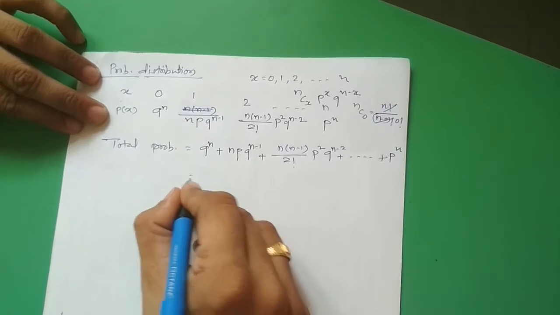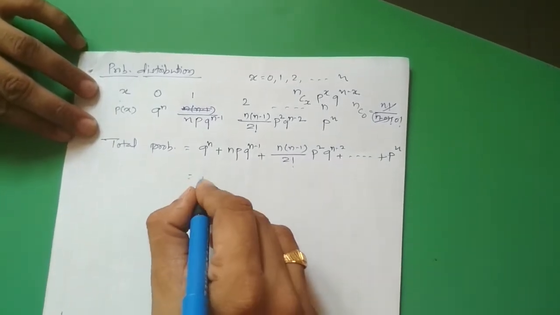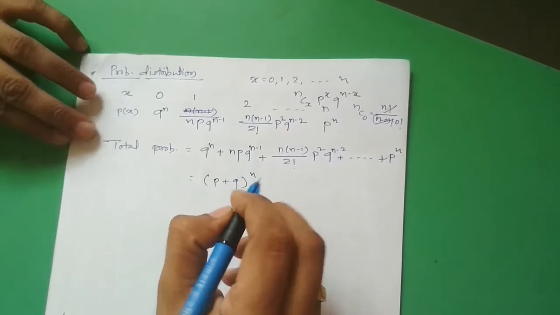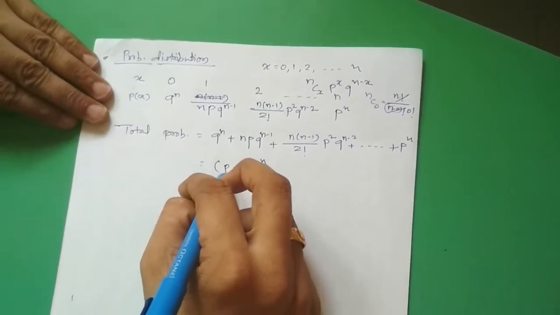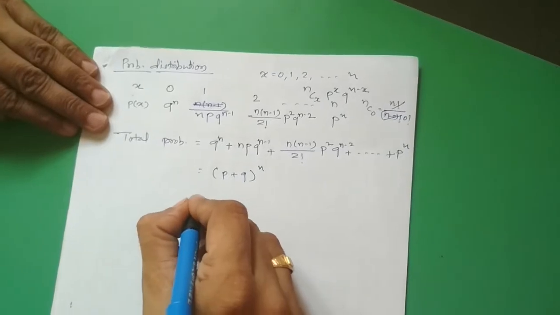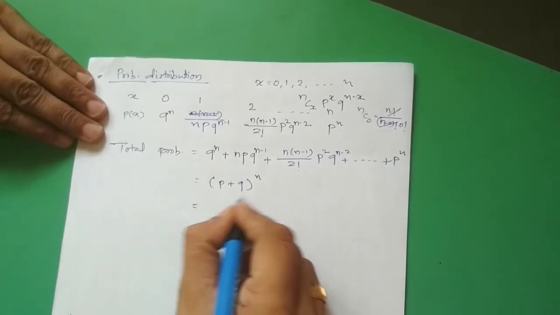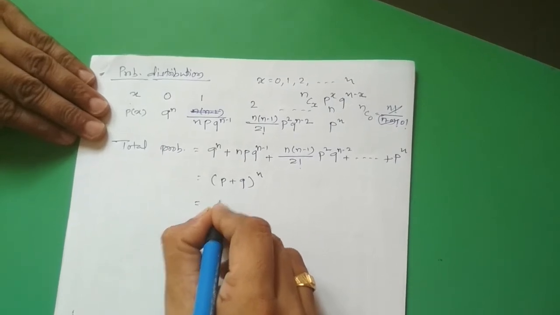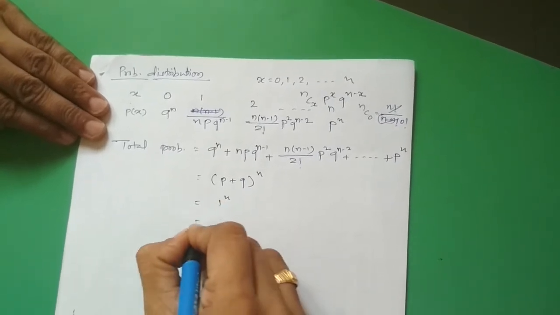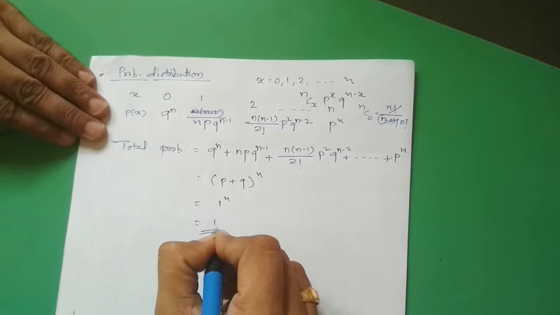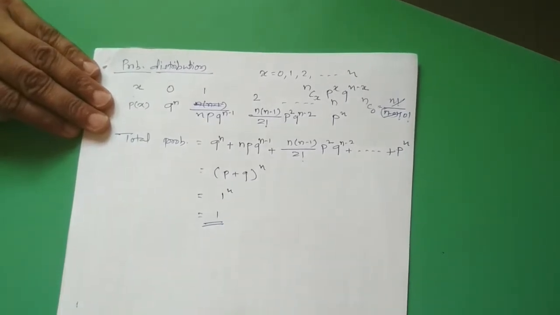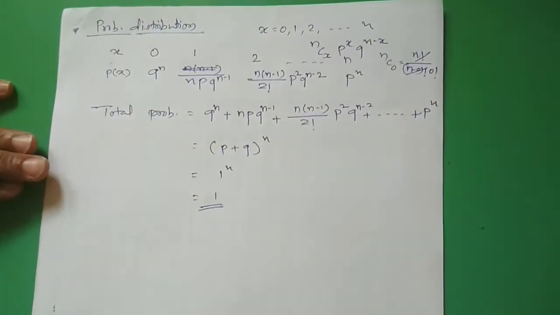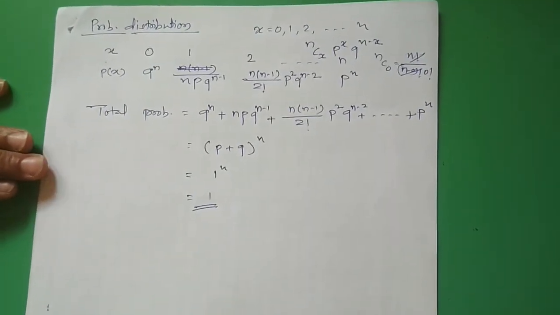If you carefully observe this, it is nothing but the expansion of p plus q raised to n. And p plus q, the probability of failure and success, is always equal to 1, because the total probability is 1 and never exceeds 1. So 1 raised to n is 1. Always keep in mind that in the case of a binomial distribution, the total probability remains equal to 1.